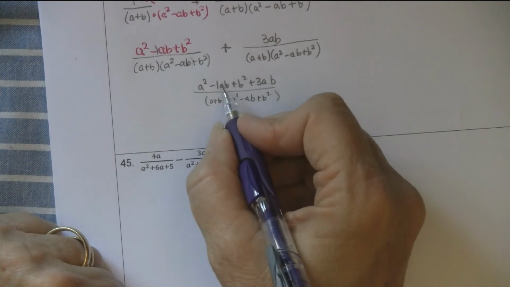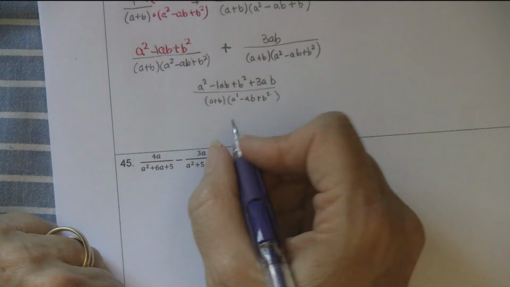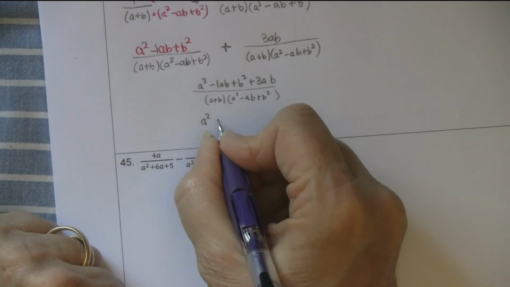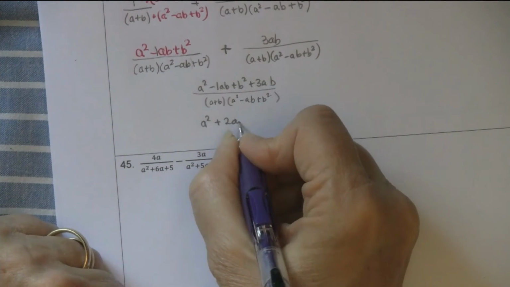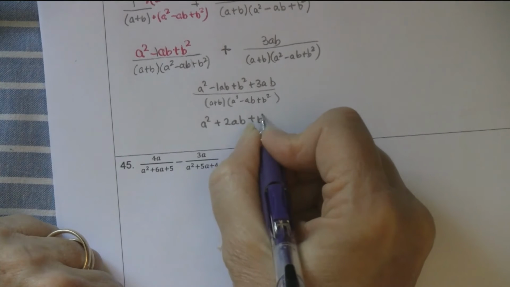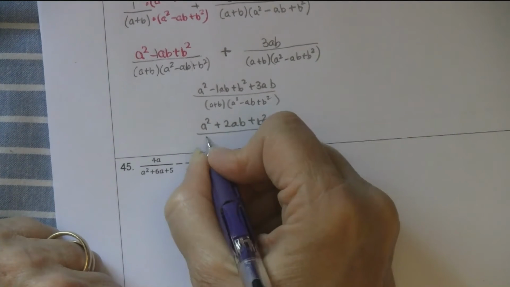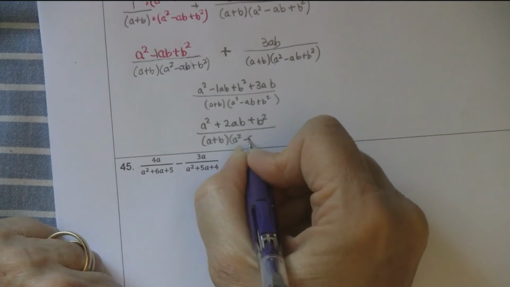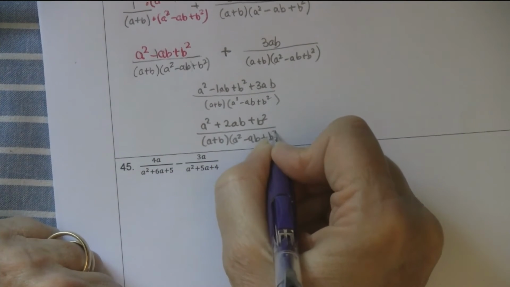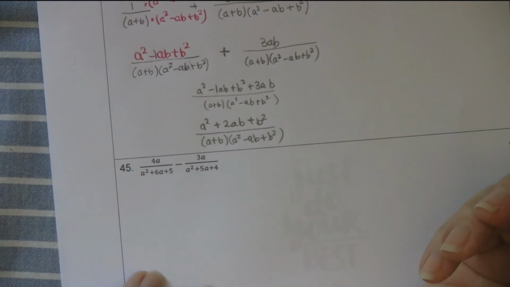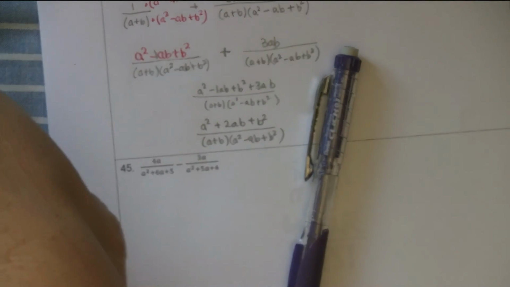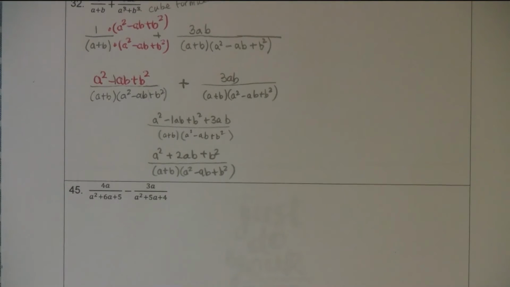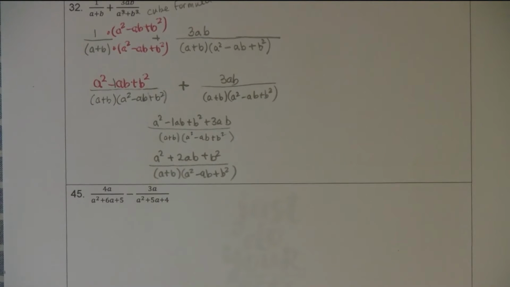And you notice when I combine these like terms, that's going to be A to the first. So this is going to be A squared plus 2AB plus B squared over this. So now all we have to do is reduce, right?